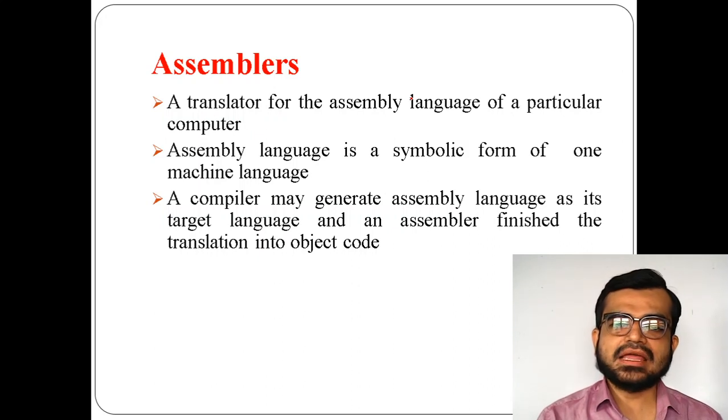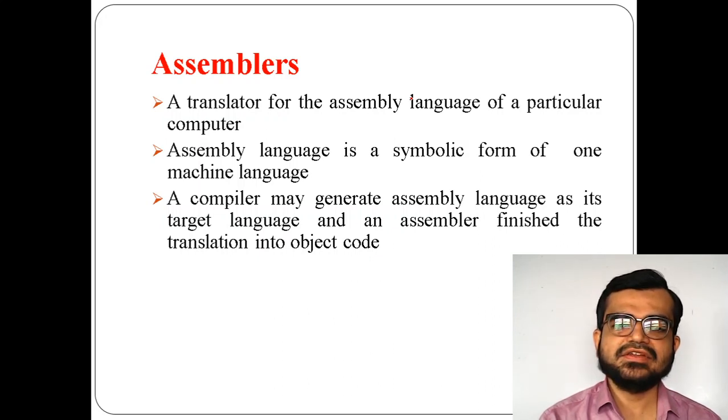And a compiler may generate assembly language as a target language. A compiler usually converts into object code, and object code can be assembly code or else machine code. You may find it can generate assembly language as well.